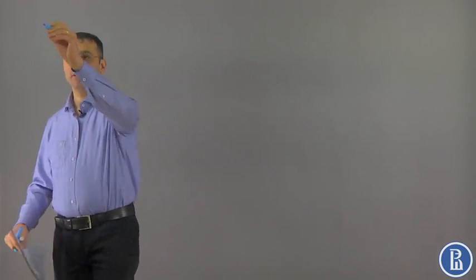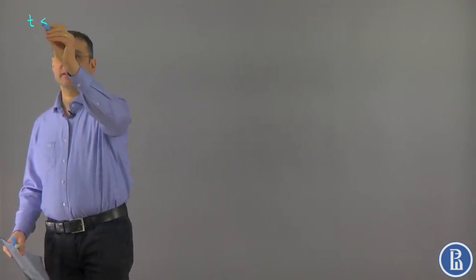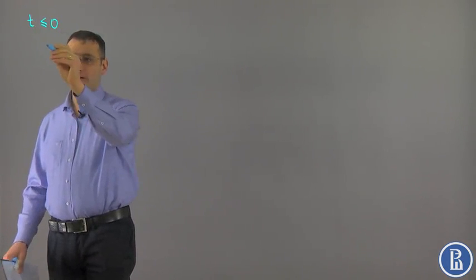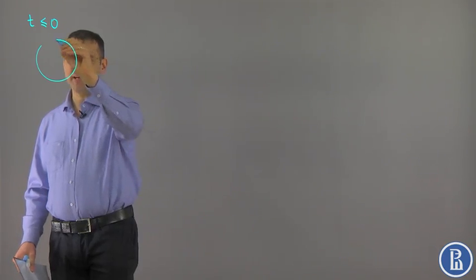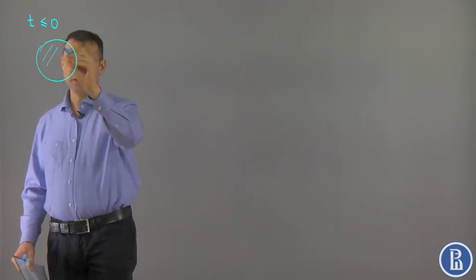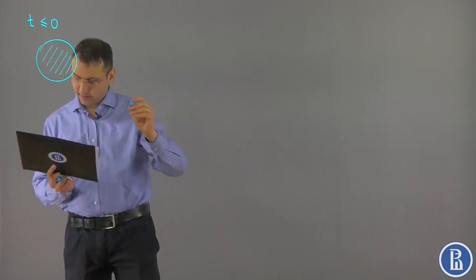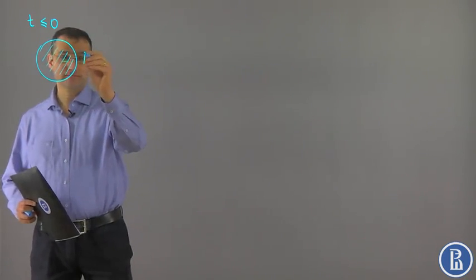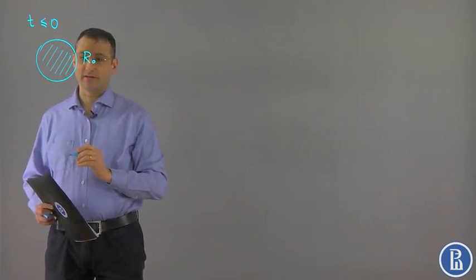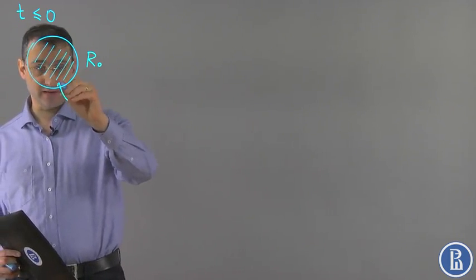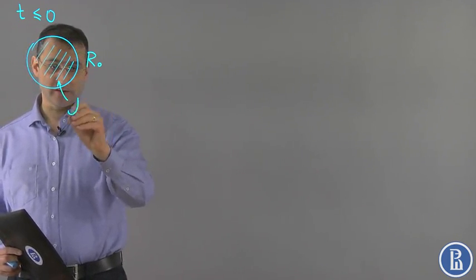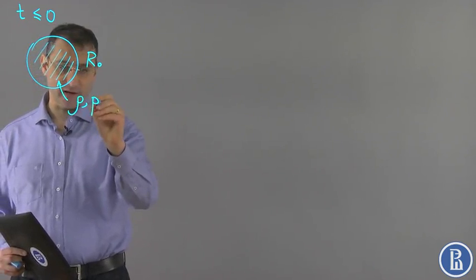So we assume the following situation: for t less than 0, we have an ideal ball, which is standing at a radius r0, and inside it there is energy-momentum, non-zero density and non-zero pressure.